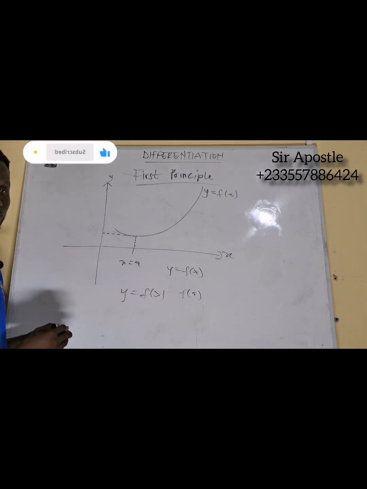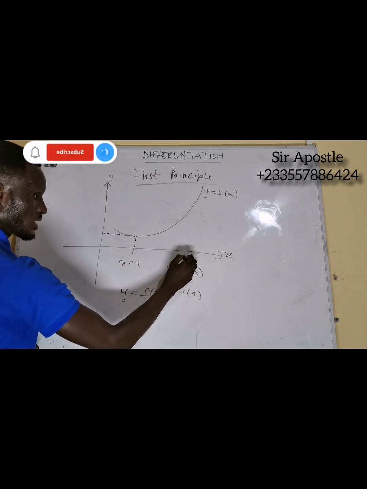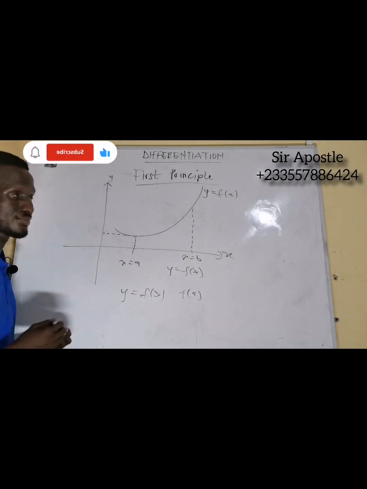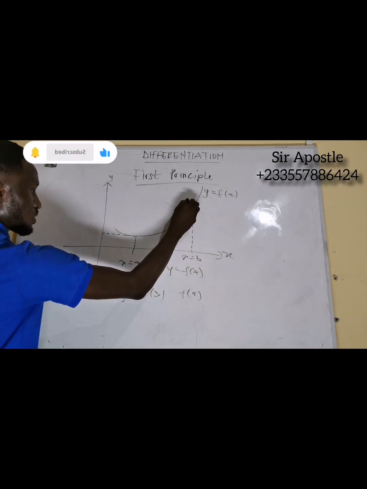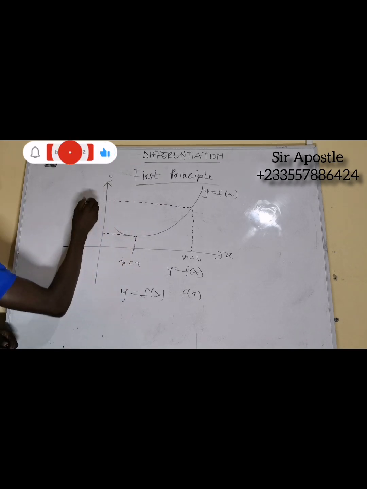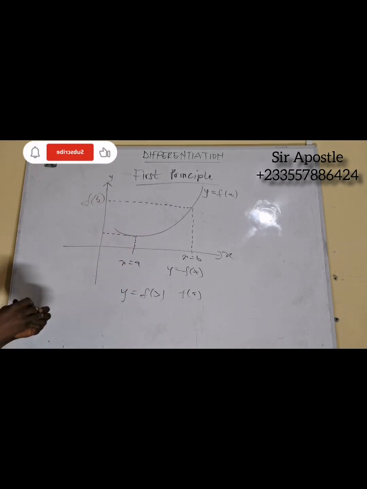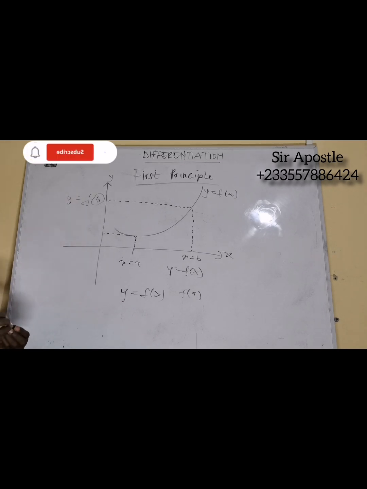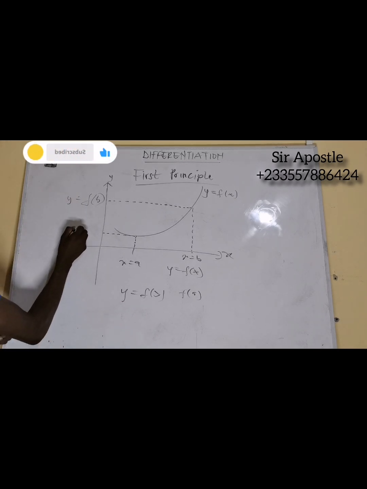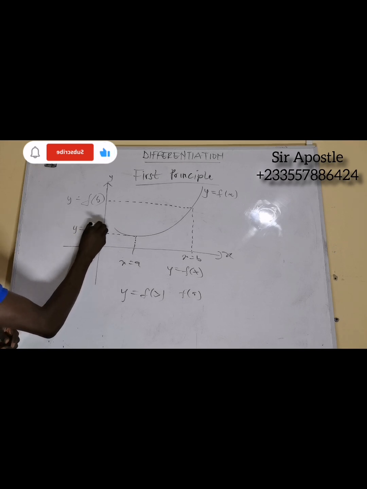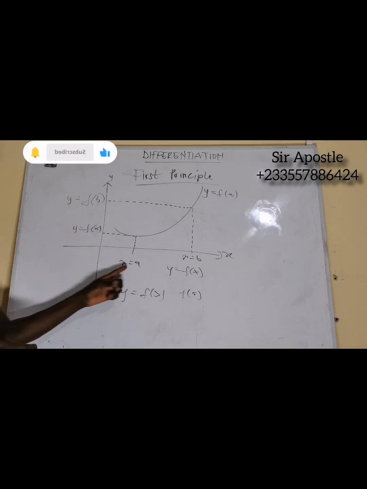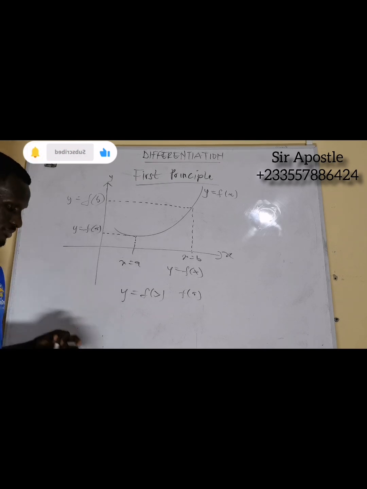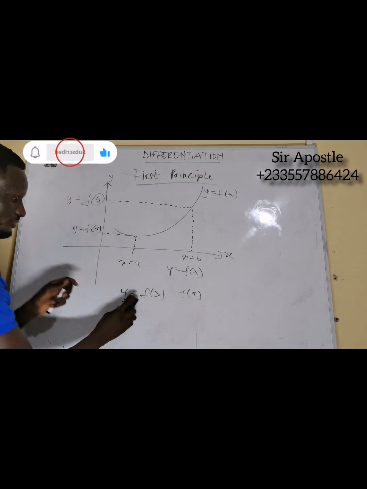Now if you have another point here, where x is equal to b, then I can get the corresponding value for y, which will give us f of b, because the x is b. That is our y, f of b. Are you following? I can label this one as y is equal to f of a, and this one will be y is equal to f of b, because here x is equal to a and here x is equal to b. Please follow carefully.